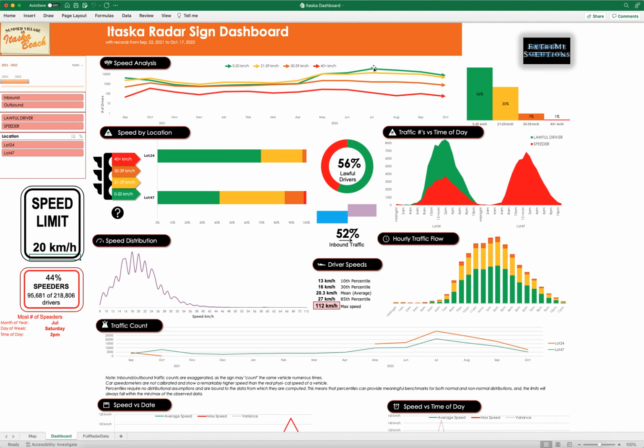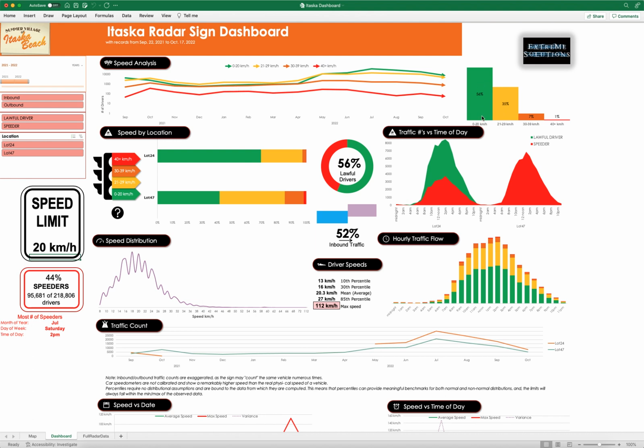From this graph, that line dips down around November to April and then starts to rise thereafter. That tells us that November to April, in this case, our winter summer village residents are not complying with the speed. So there is a seasonal change that we can see from this graph.